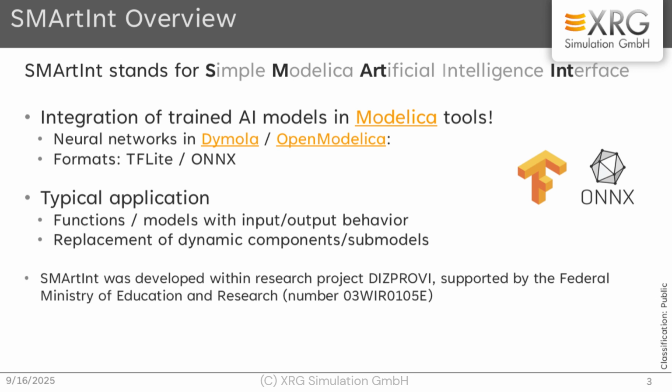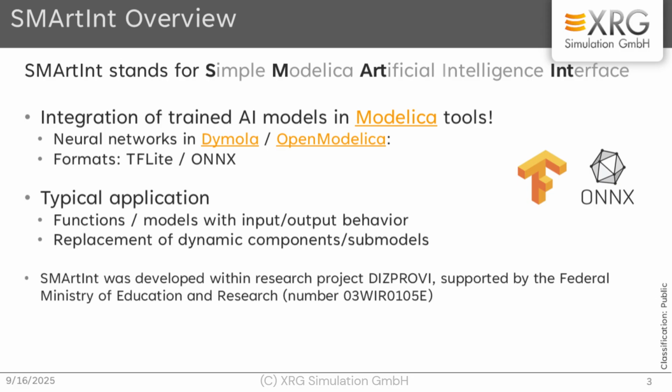In this case, it's Dymola and OpenModelica. For SMArtInt right now, it's also possible to use it in Model on Impact. For SMArtInt Plus, there are still some issues, but we're working on that, and that should also be possible in the future.